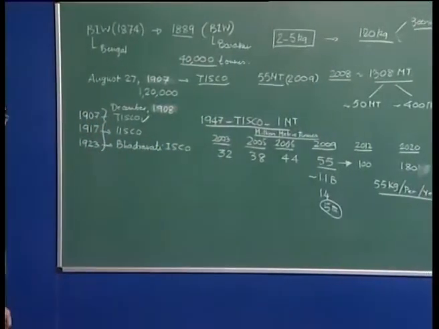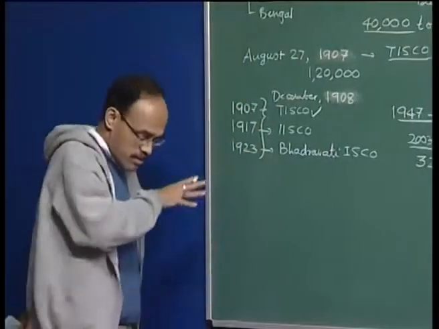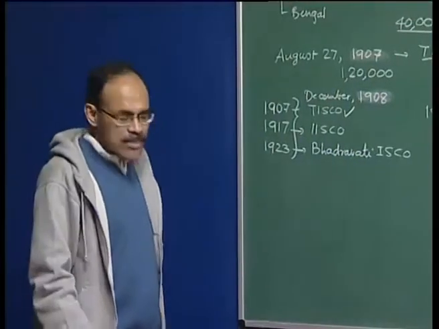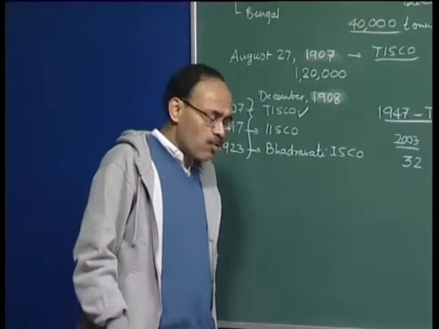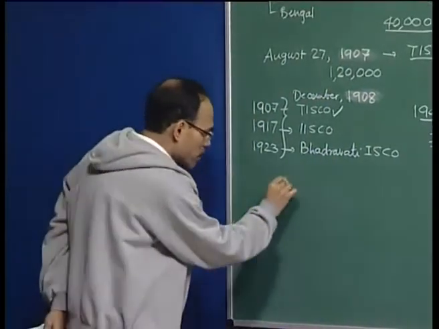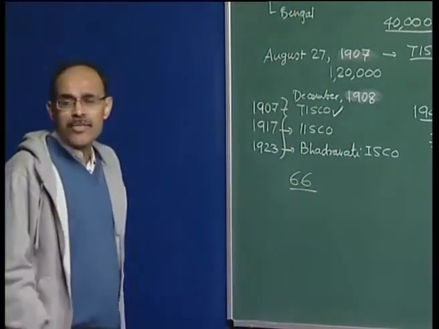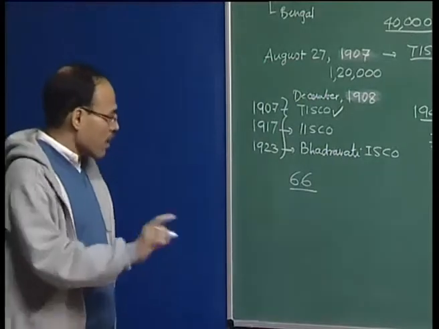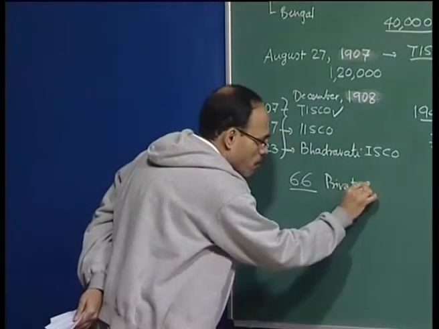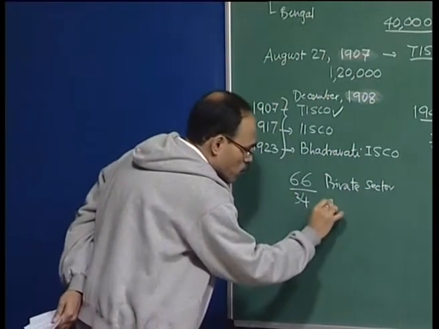Now, we have many players which have come to manufacture iron and steel in the country, and after independence, both private and public sector steel industries have grown remarkably, and today I think roughly 66% of Indian steel produced is through the private sector, and 34% of steel is through the public sector.